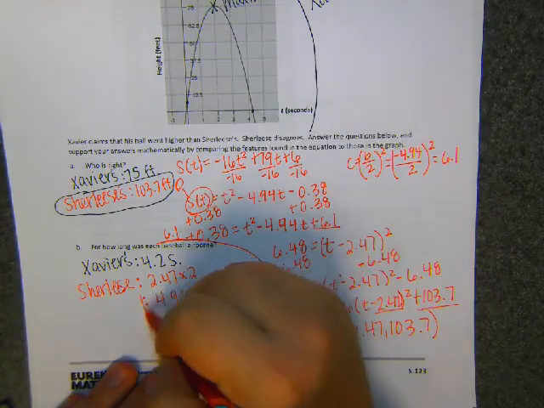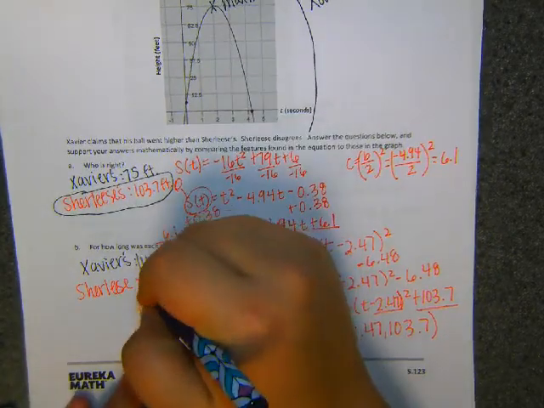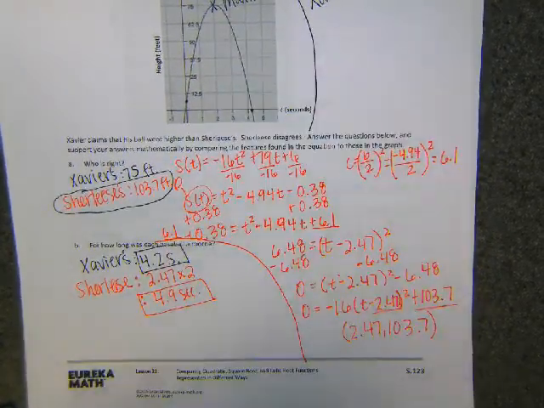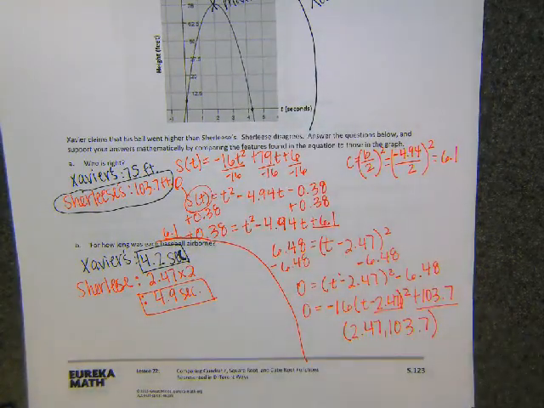And so her ball was airborne for a longer time than Xavier's, which should make sense because her ball went higher in the air than his did. So if her ball goes higher, naturally it should take longer for hers to go up and come back down.